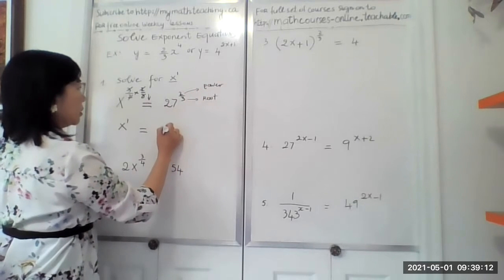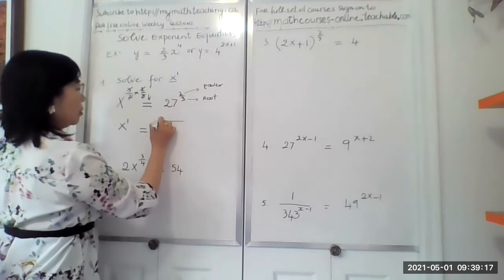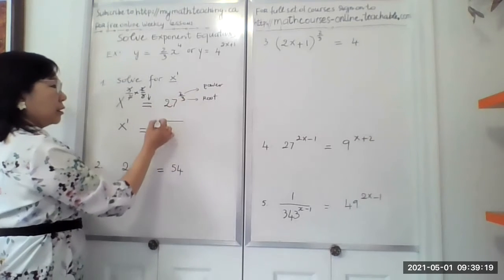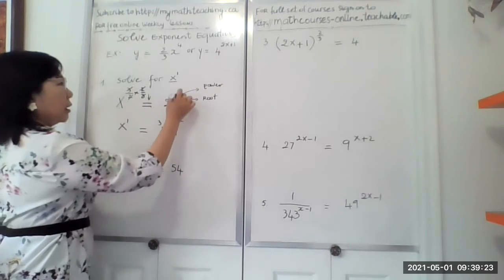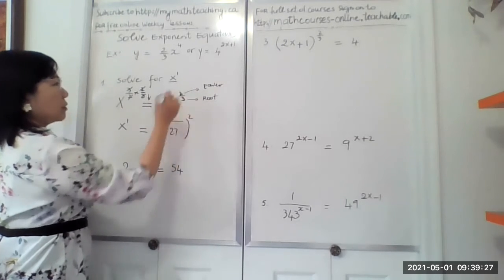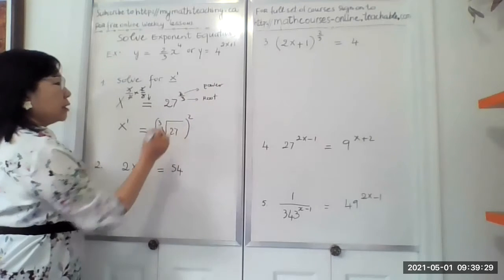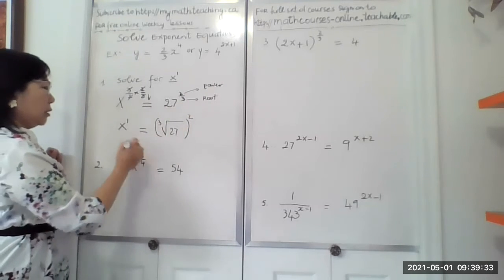So I'm going to turn this into the third root, and I put number 27 in here and power it by 2 outside. Or I can power inside, it doesn't matter, it doesn't change.